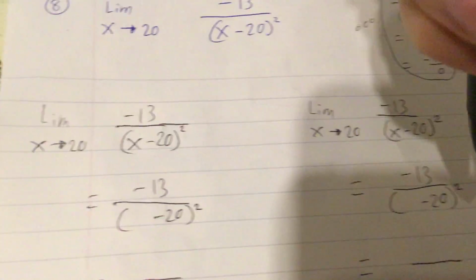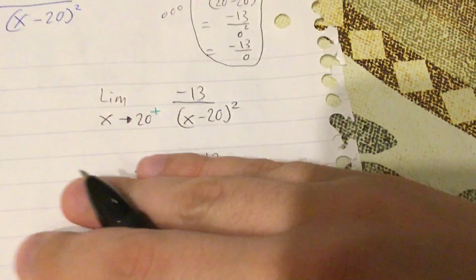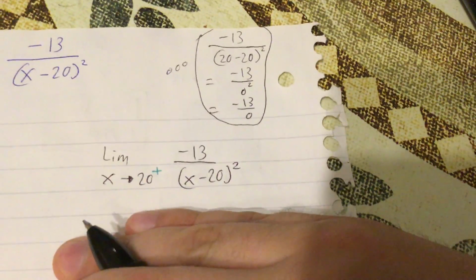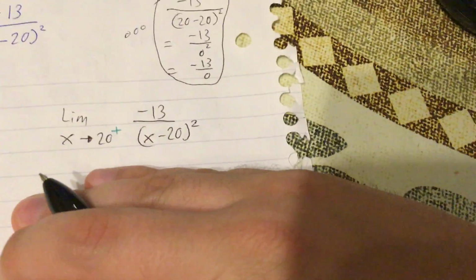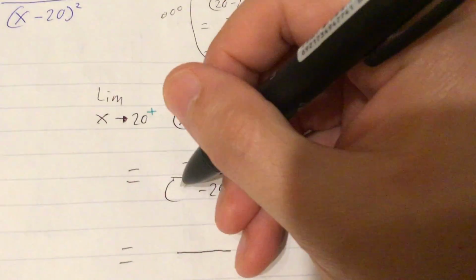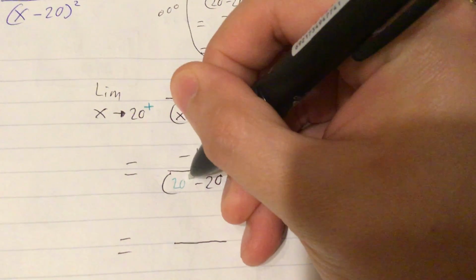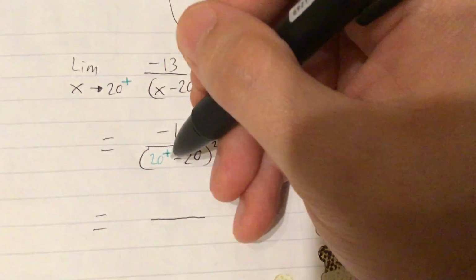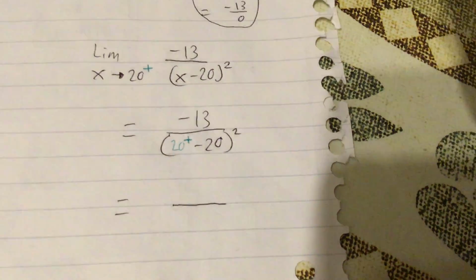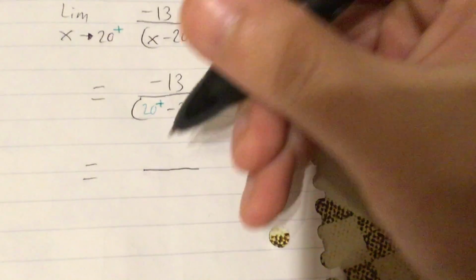Okay, so let's say I plug in the right-hand limit. Well, I'm thinking to myself, something that's barely bigger than 20, so like 20.001. So if I plug in the right side of 20, 20.001 minus 20 is the right side of 0.